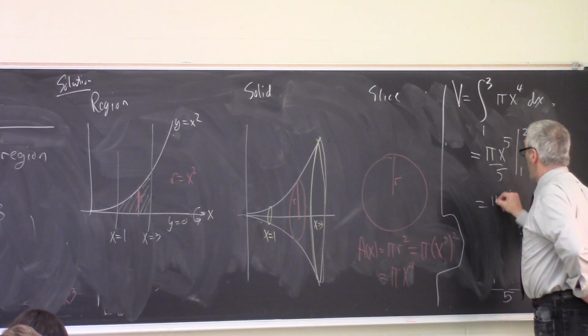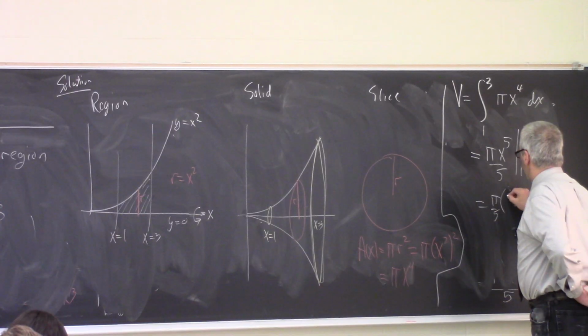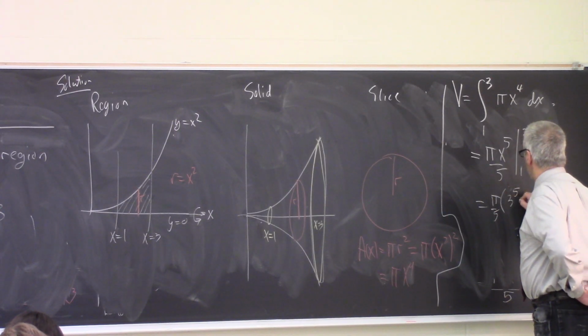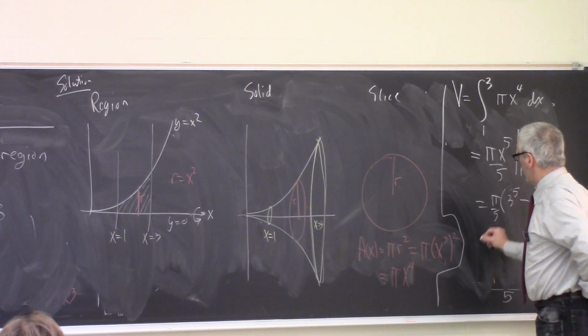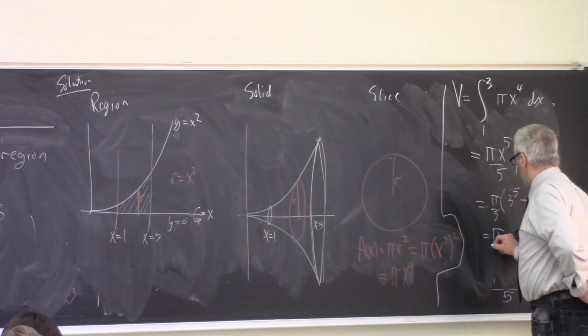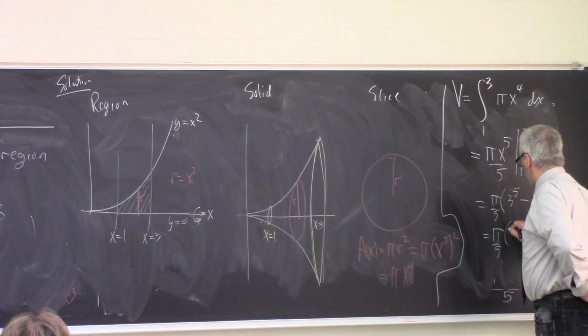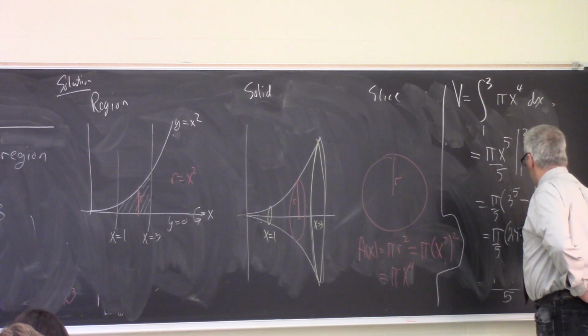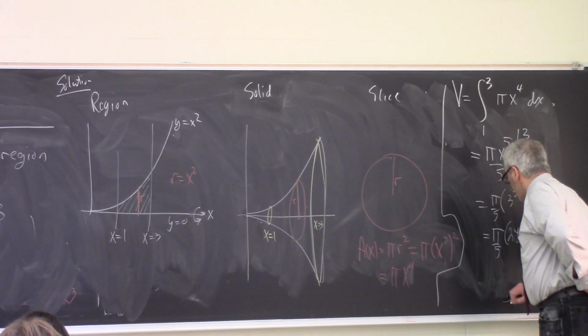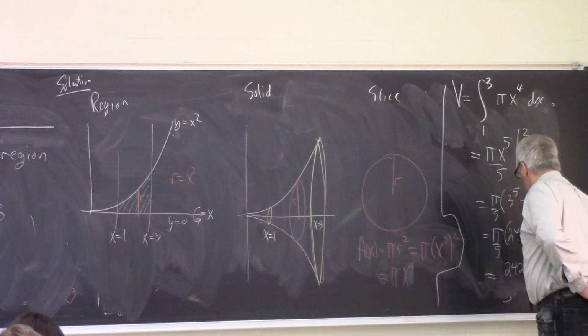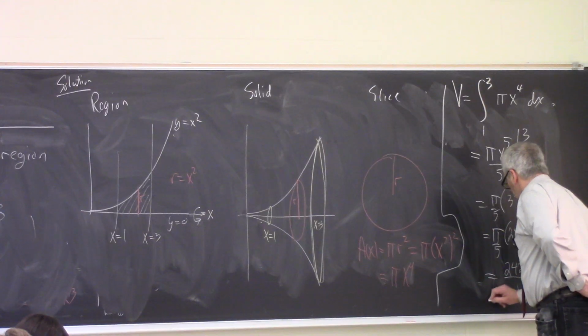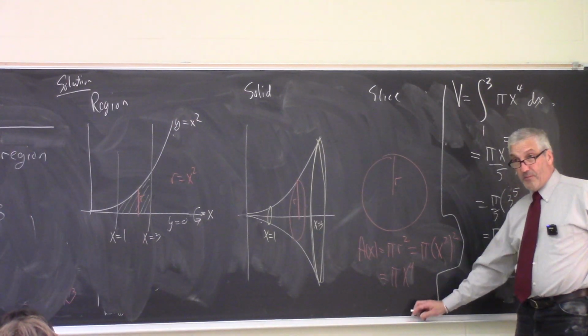So that's going to be pi over 5 times 3 to the 5th minus 1 to the 5th. 3 to the 5th is 243. So this is pi over 5 times 243 minus 1. So in other words, the volume is 242 pi over 5.